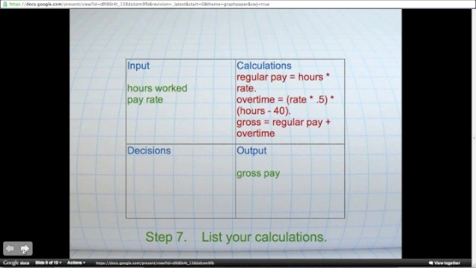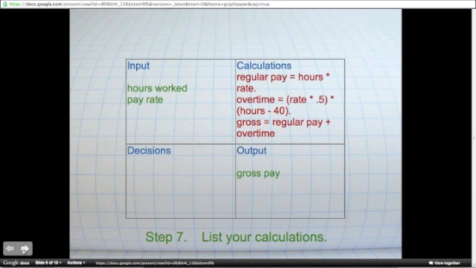Number 1, regular pay, is equal to the number of hours worked times the hourly pay rate. Now, the second calculation was to compute the overtime premium. So, in order to do that, we have to understand that the overtime premium is 50% of our base pay rate, and it's only paid on the hours that we worked over 40.